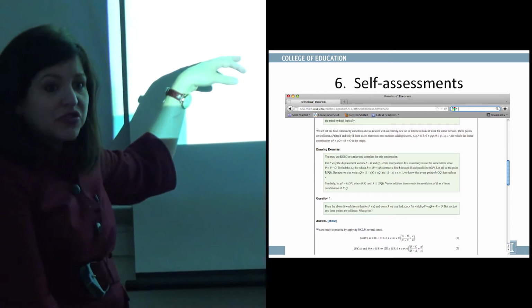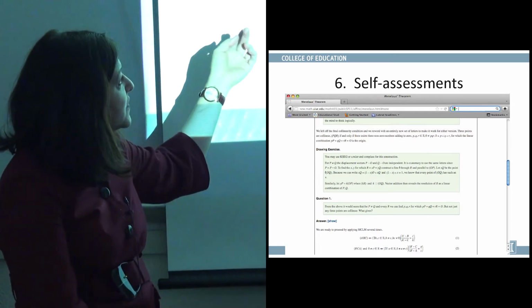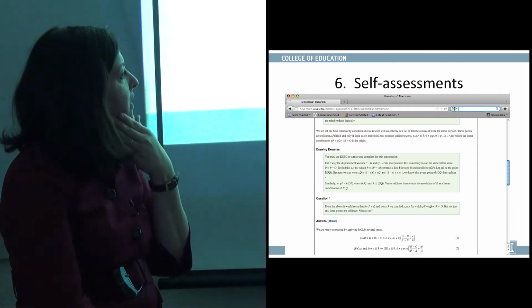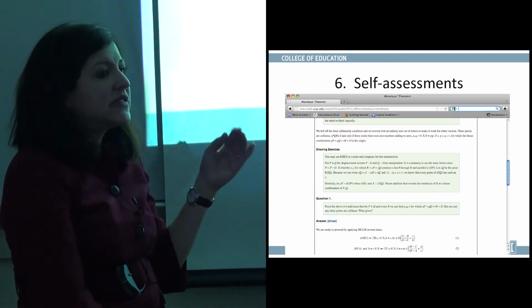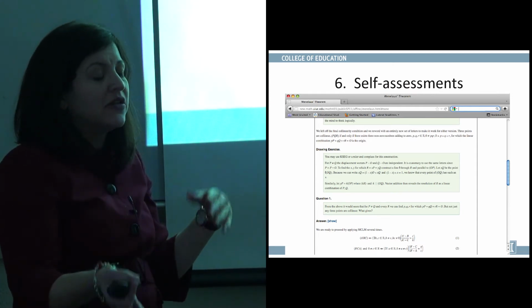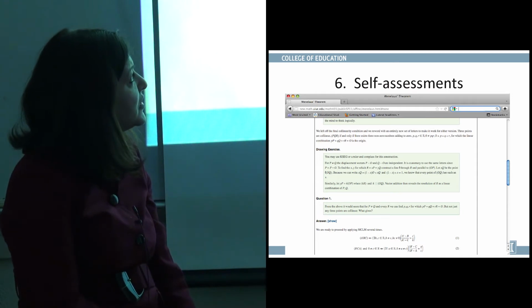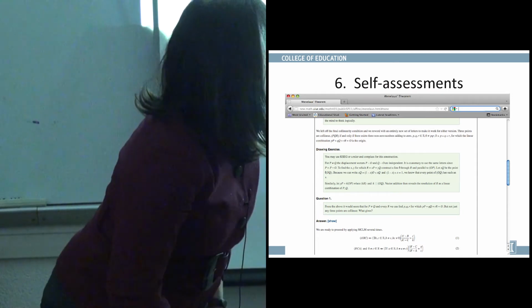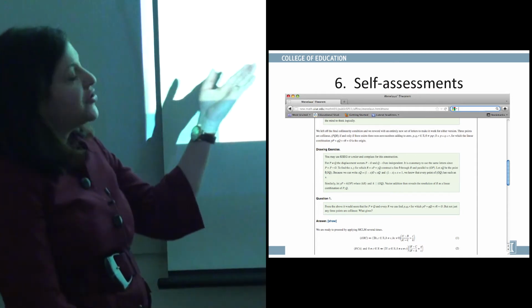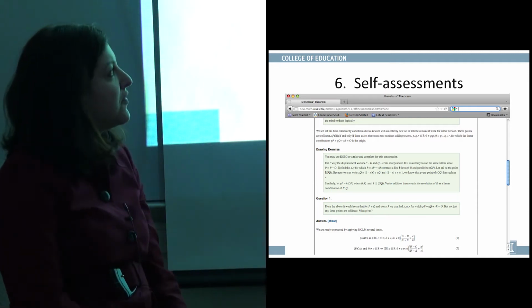The student is supposed to be working on the answer, and then click show, and then the answer is right there. So in a way, that's similar to what happens when the student works on a book problem and looks at the back of the book and sees the solution. So there's not much difference between these things. The self-assessments are very similar to what you can see a student doing in the book, checking if their answer is correct and going to the back of the book, clicking here.